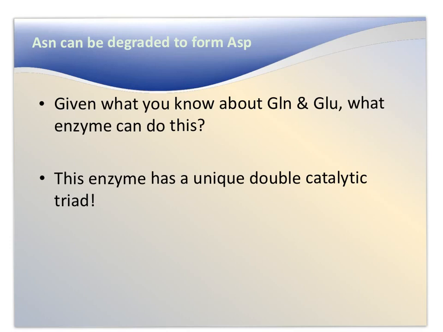Does anyone remember what was the name of the enzyme that transformed glutamine into glutamate? It had a common name. Glutaminase. So, knowing what you know, what do you suppose the name of the enzyme is that will take asparagine and make it to aspartate by deaminating it?